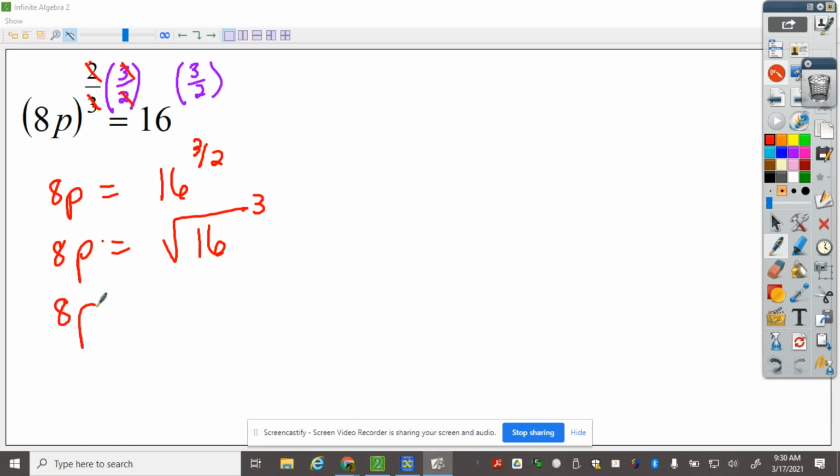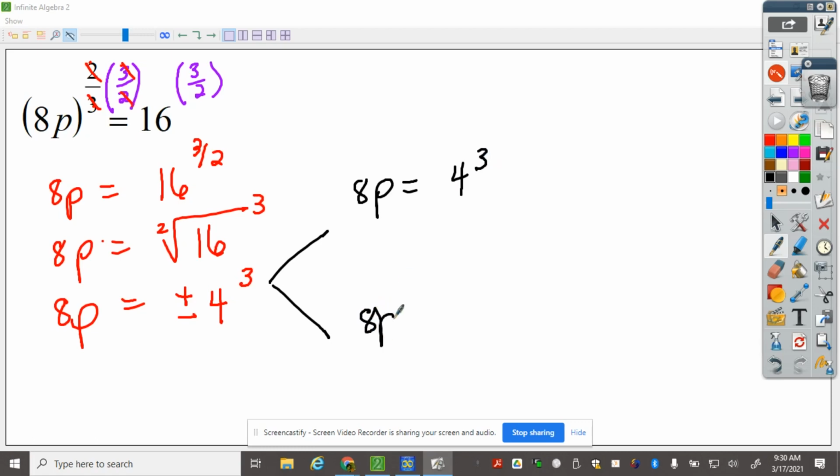Now, we know that the square root of 16 is equal to positive and negative 4, to the third power. That being said, you can split them into two. One will be 8p equals positive 4 to the third power. The other one is 8p is equal to negative 4 to the third power. What is 4 to the third power again?